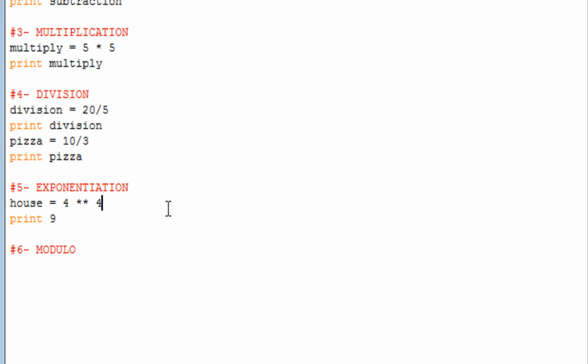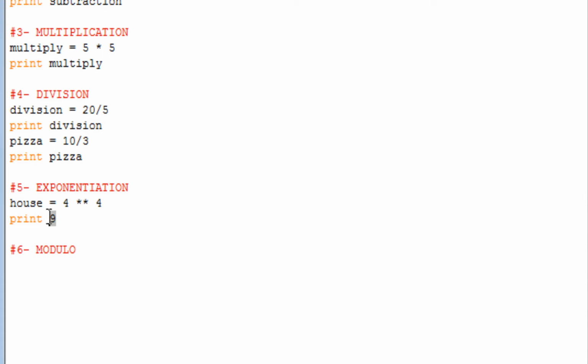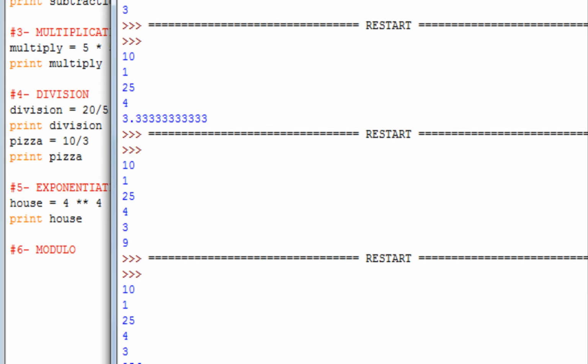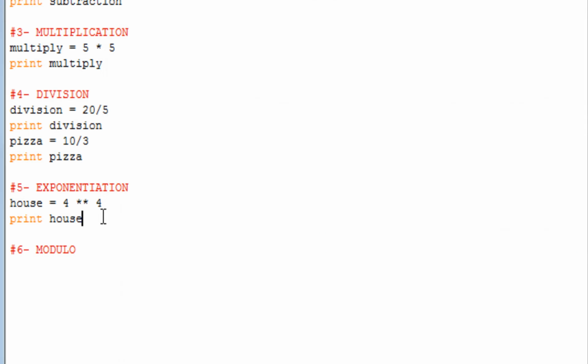4 to the power of 4, what do we get? I'm just a wreck today. 4 to the power of 4, 256. You can get your TI-81 calculator or TI-83 calculator if you don't believe me, or if you don't believe Python, but that is what 4 to the power of 4 is.